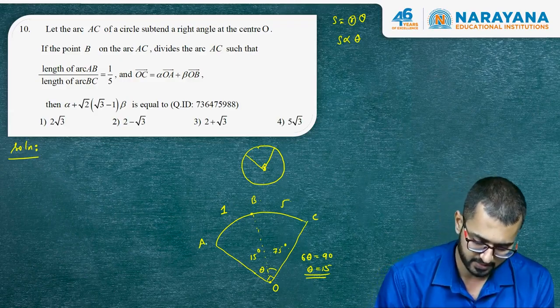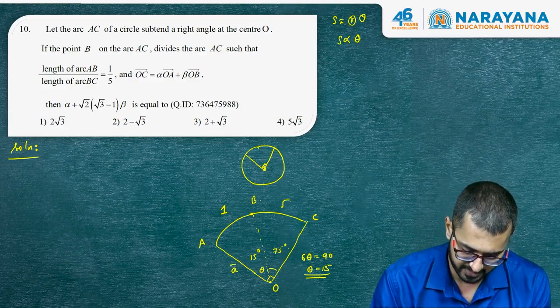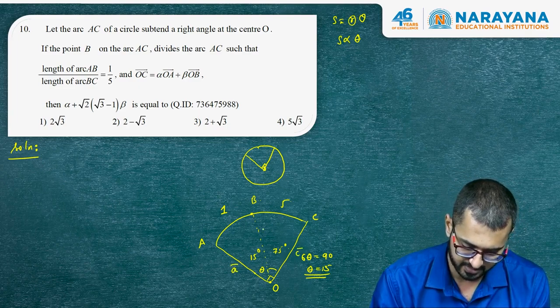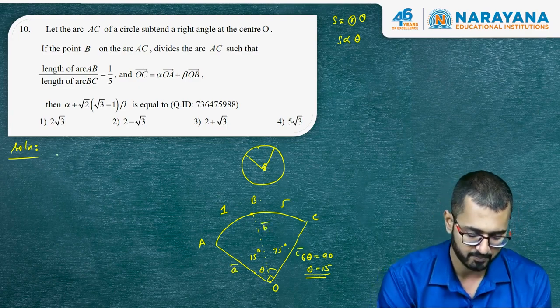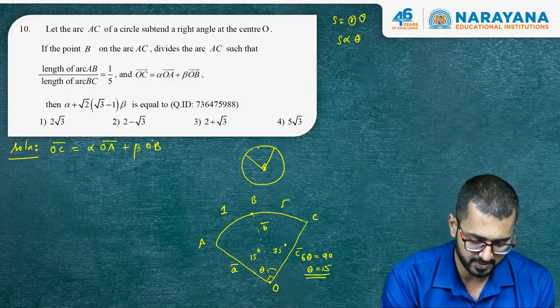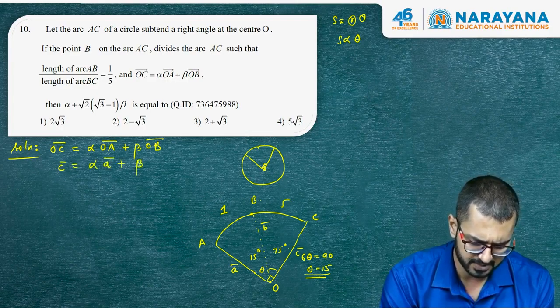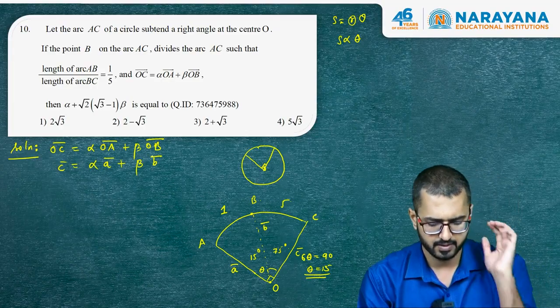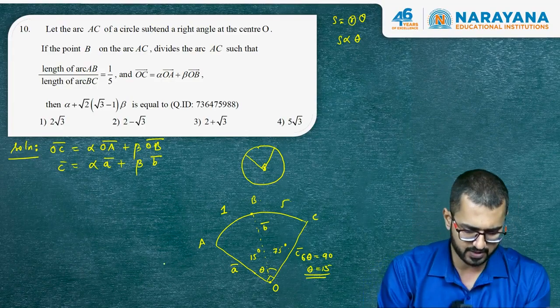Now they are saying OC bar, so we can write A bar, this is my C bar, and this happens to be my B bar. They have written OC bar is equal to alpha times OA bar plus beta times OB bar. So we can write C bar is equal to alpha A bar plus beta B bar. Now we have to find alpha and beta.